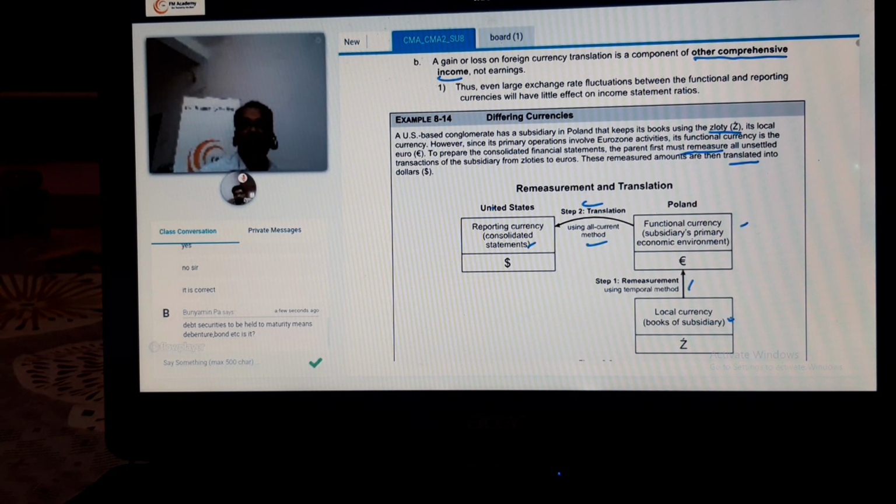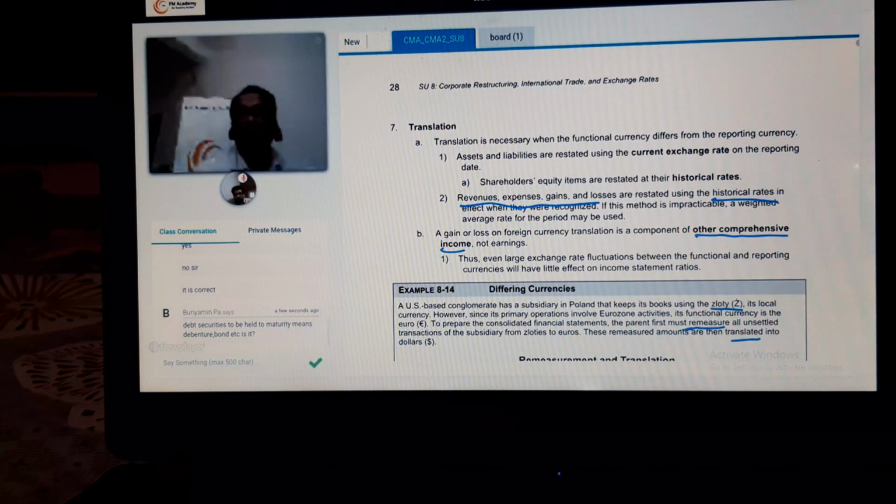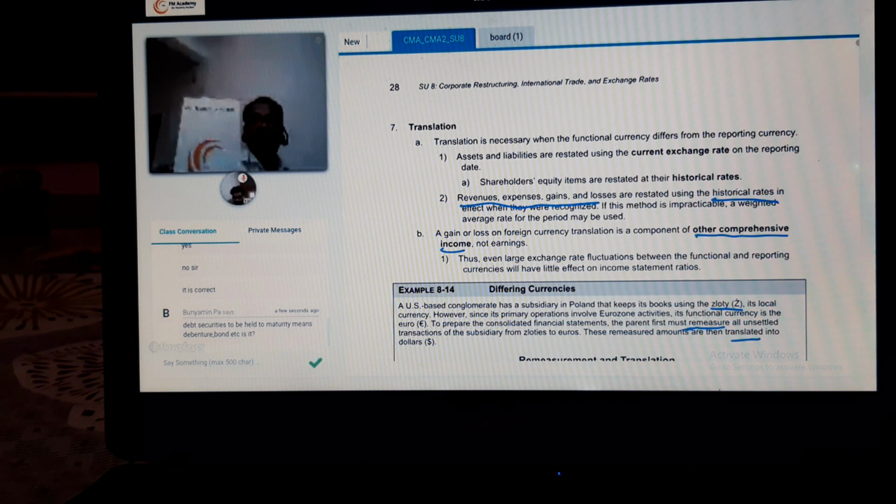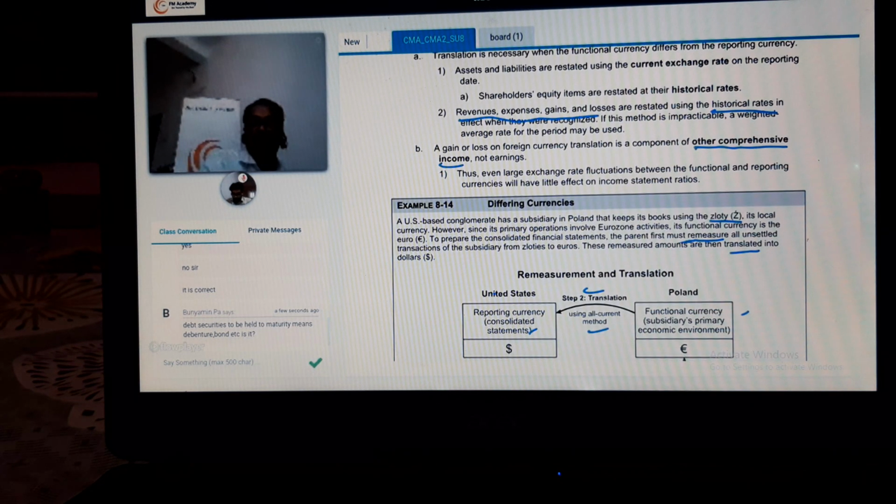My friends, we are here. This translation, what is happening in the United States? They are just converting. Is there any cash flow? This effect happens in the accounting books. Let's say this example from Poland, you convert from functional currency to United States reporting currency.